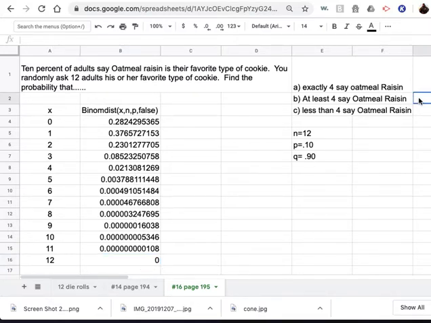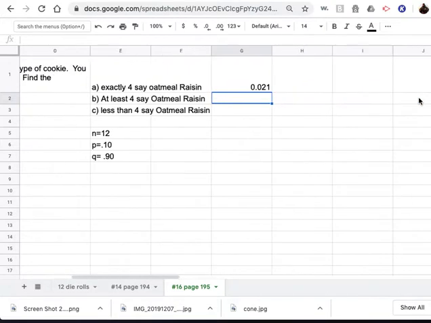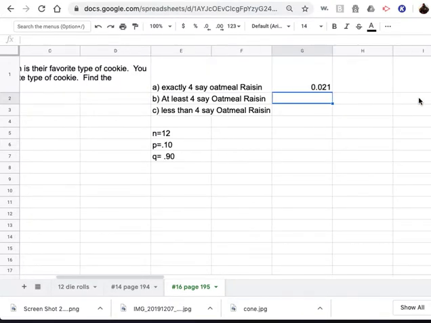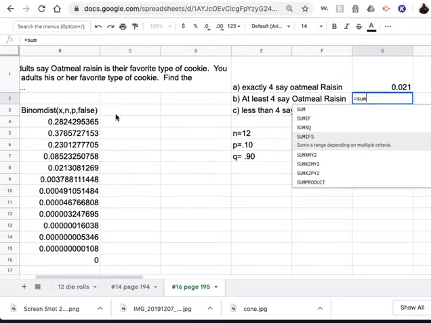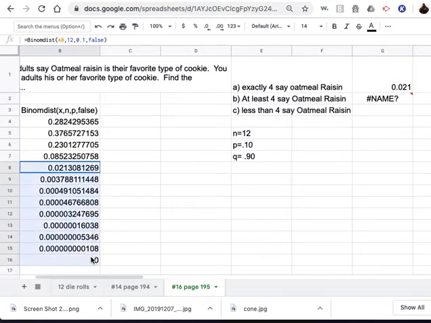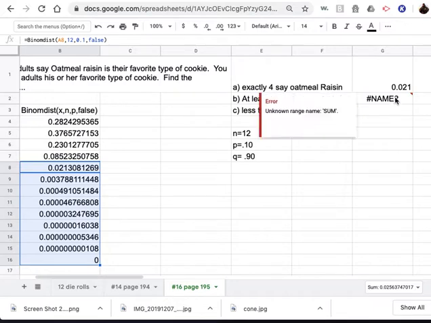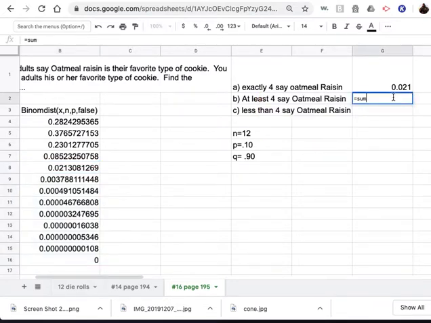So we'll come into that cell and we'll just tell it to do equals the sum. Sorry about that. Try that again. Equals sum, parenthesis.